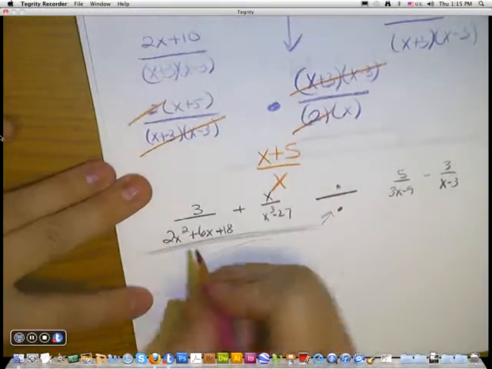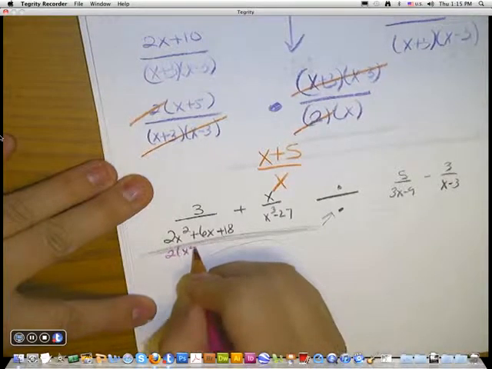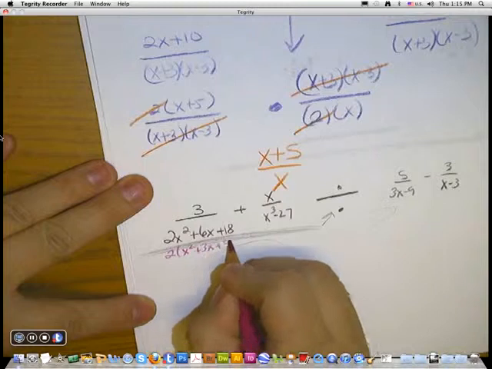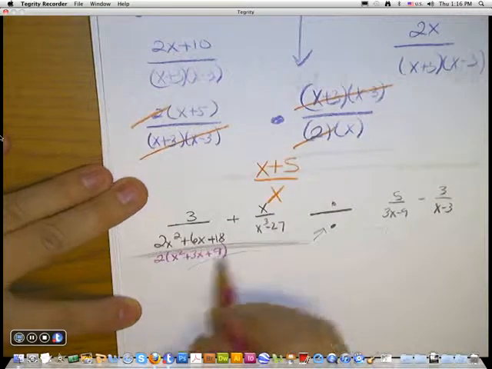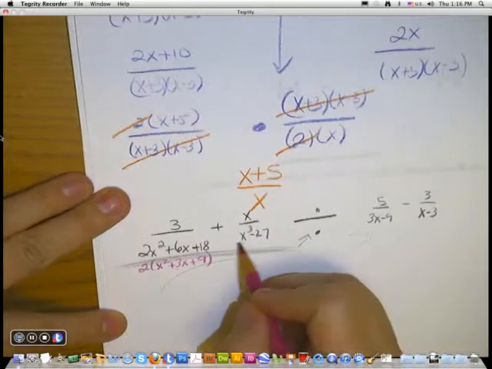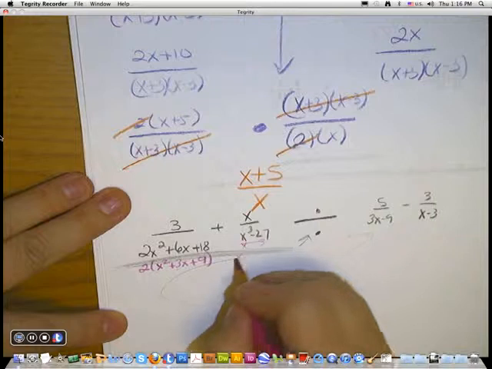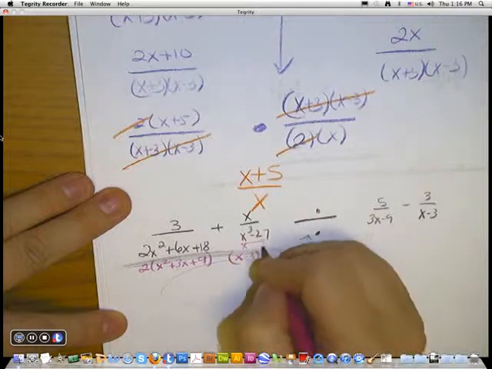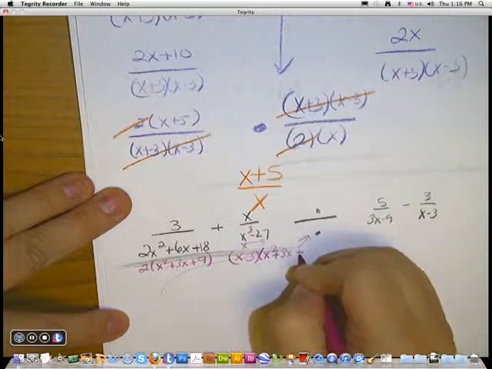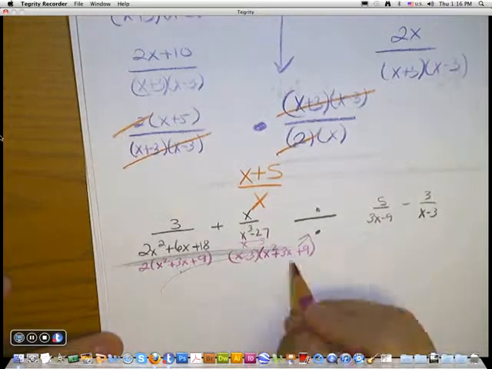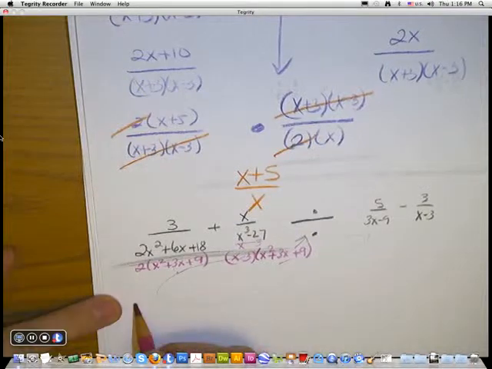Alright, you should have gotten that this had a GCF, so it would have factored to 2 times x squared plus 3x plus 9. Nothing multiplies to 9 and adds to 3, so that's as far as it can go. This is a difference of perfect cubes, x and 3, so you should have got x minus 3 and then x squared plus 3x plus 9. Ooh, that's nice. They're the same, which 99% of the time is going to happen.